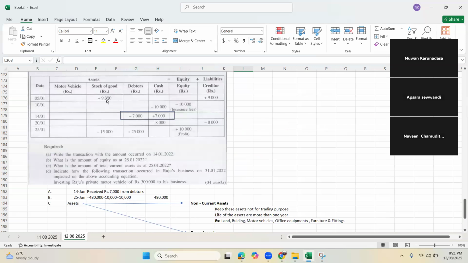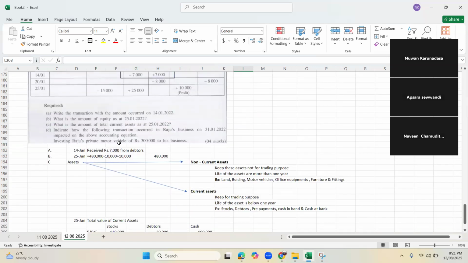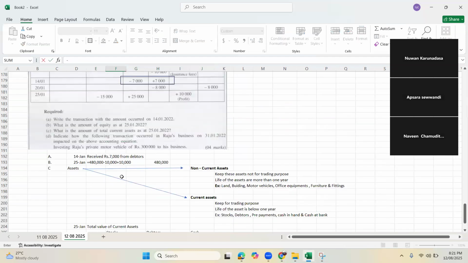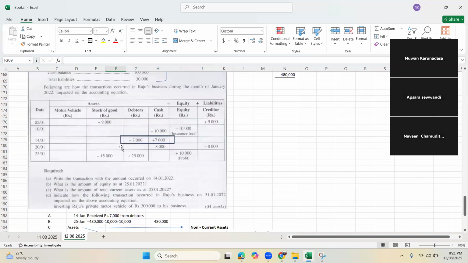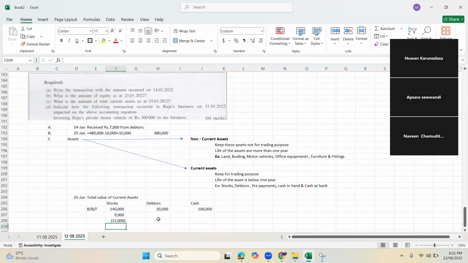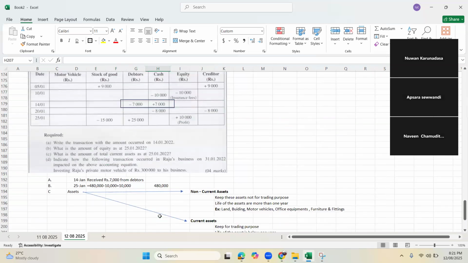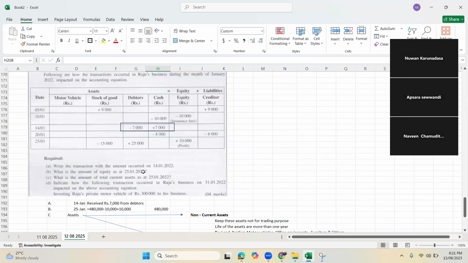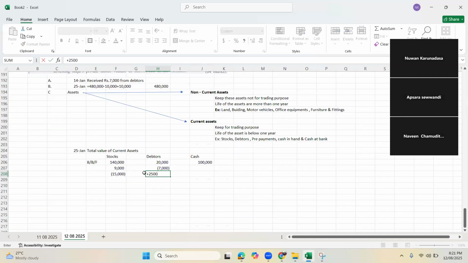Stock increased by 9,000 and decreased by 15,000. Then debtors decreased by 7,000 and increased by 25,000.